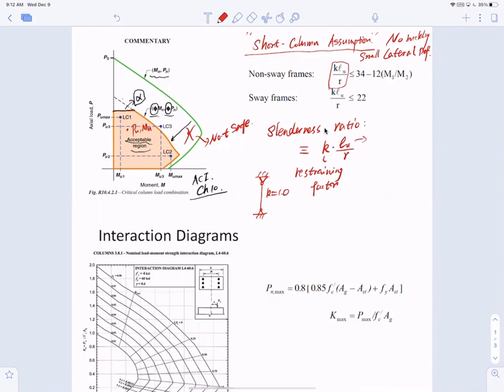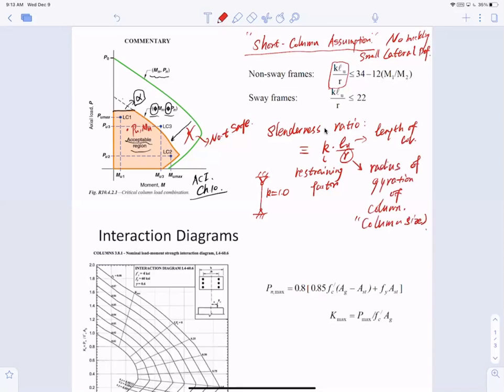Lu is the length of the column, and r is the radius of gyration of the column. Essentially you can think of it as just the column size.